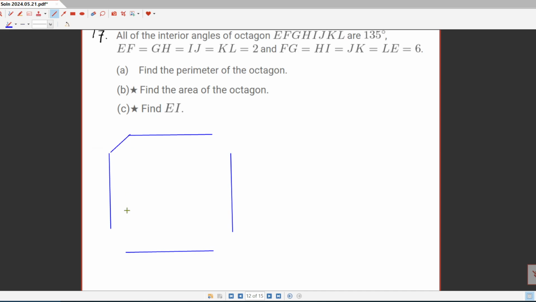And then we connect these sides. Okay, so let's call these points E, F, G, H, then I, J, K, L.